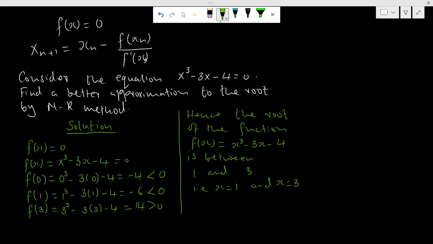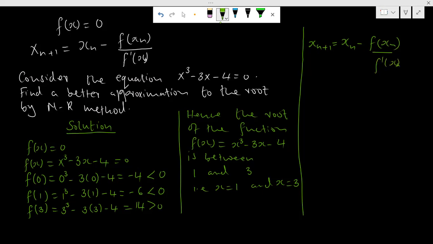So we need to choose our x naught. From our formula, you know that the Newton-Raphson method states that x_{n+1} is equal to x_n minus f at x_n over f prime at x_n.